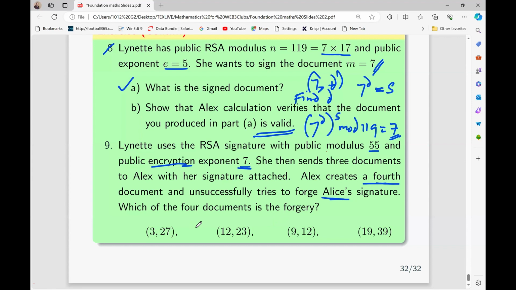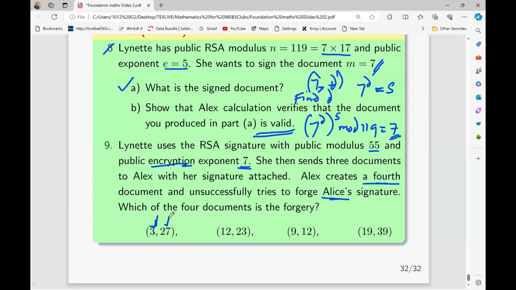Are you able to tell which one is a forgery? Using RSA, we can do that. This is the message that is coming from the company, and then this is our signature. So this is what we want to verify.